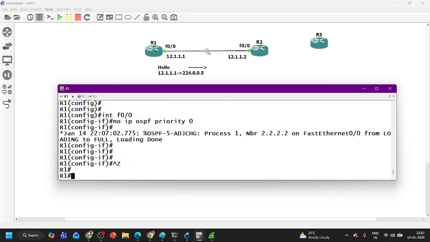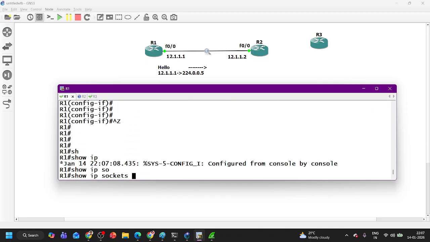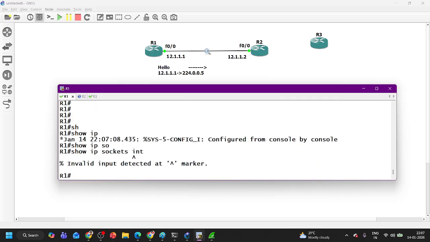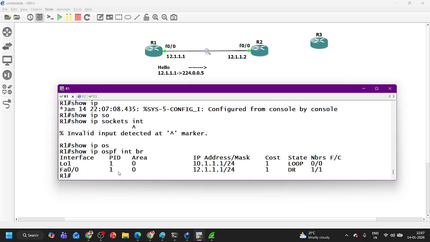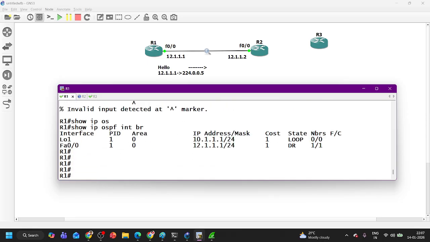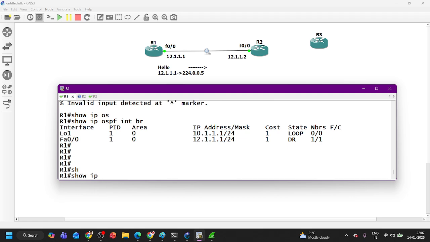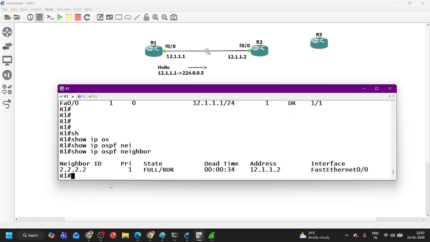Priority is the same. So show IP OSPF interface brief. You can see priority is, sorry, show IP OSPF neighbor. Priority is 1 on router number 2, also priority is 1. So which router became DR now here? 2.2.2.2 is BDR, here you can see.